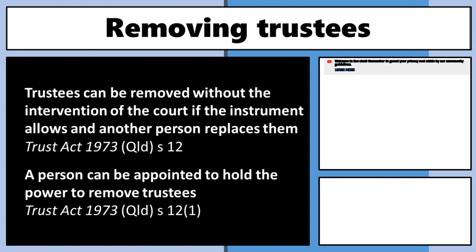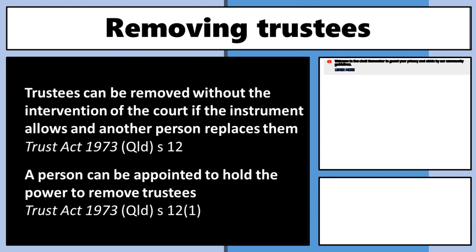You can add to this list a variety of other situations where you want to give that nominated person the power to substitute trustees. And so that again stops people going to court. We don't want to go to court. It's expensive, time-consuming and wasteful. So that's a practical, mechanical thing you can do ahead of time.